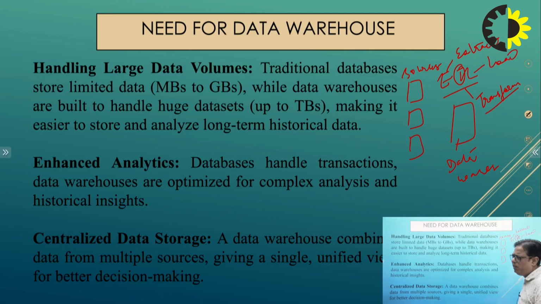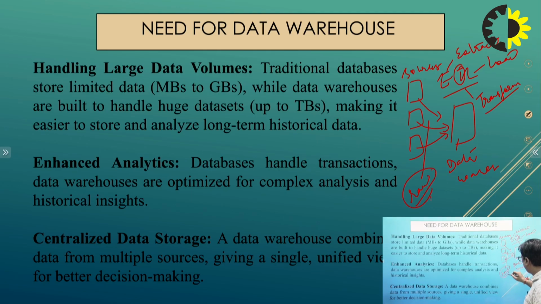What is the meaning of transformation? Transformation means cleaning the data, managing the data, and reducing the redundancy of data before storing it in the data warehouse. Because all the data comes from different sources into the data warehouse, and this data is raw.